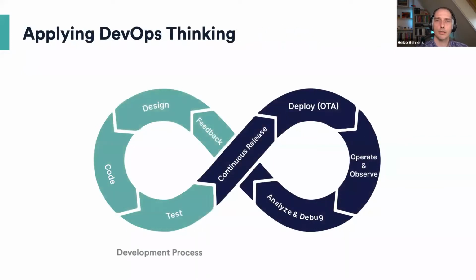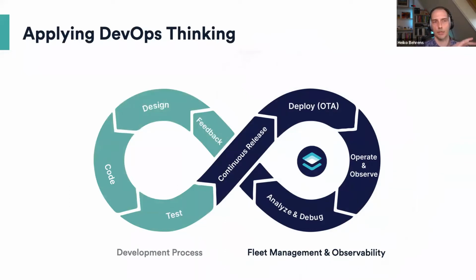This visualization may look familiar to you. In the software world, oftentimes this figure-8 infinity cycle is used to convey the idea of DevOps. You have on the left-hand side the development piece, you're writing code and you're testing it. And then on the right-hand side, you have the operations side.